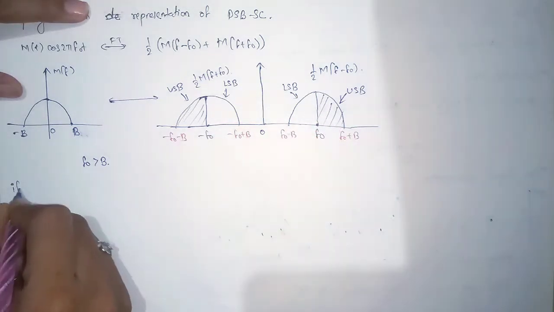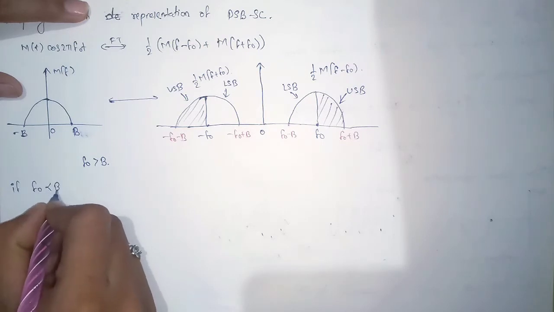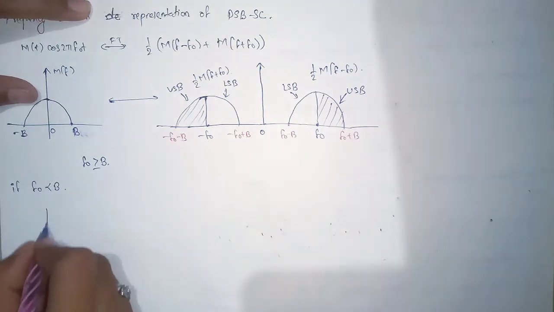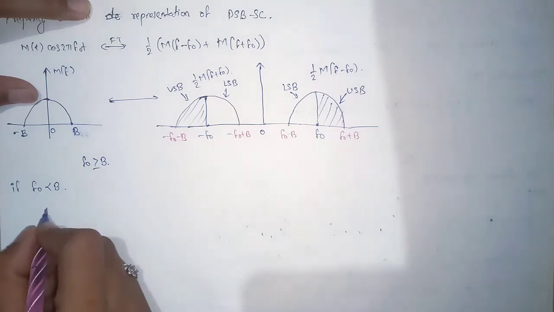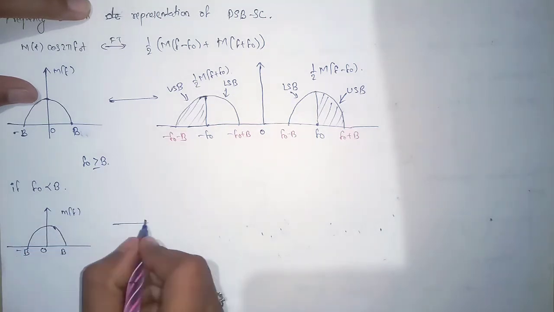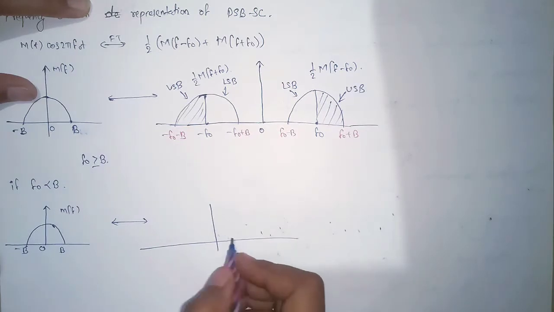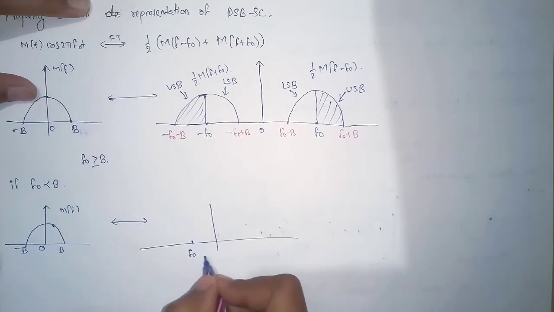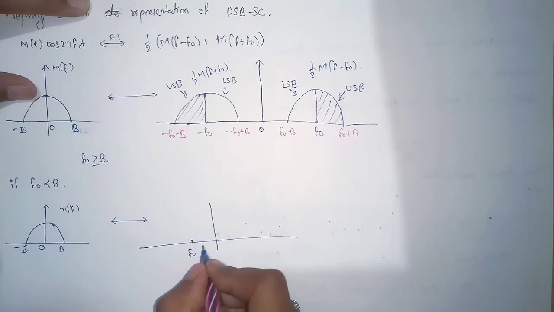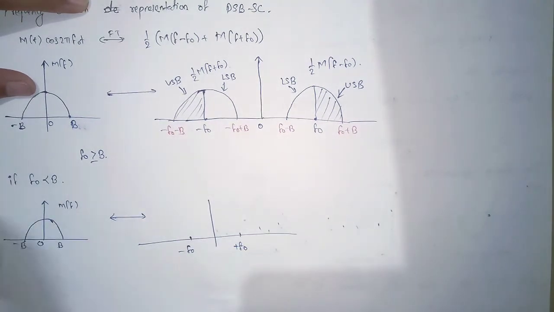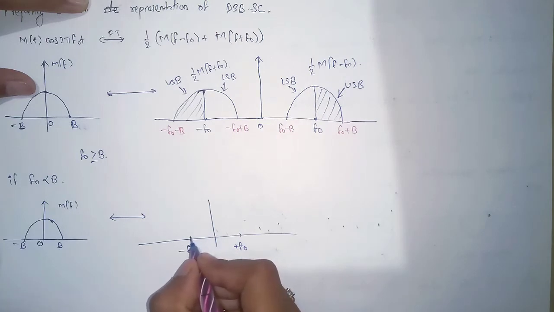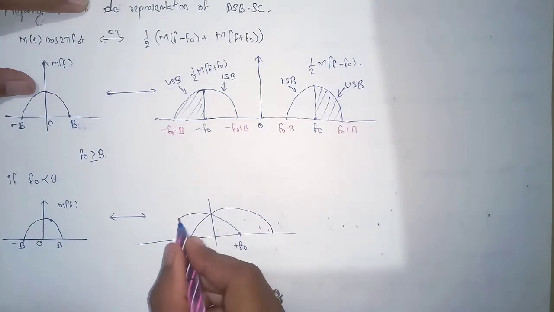If f0 is less than B, then what will happen? Then this is the normal signal, and when this is shifted by the frequency f0, which is less than B, this is plus f0, so the signal will come like this.